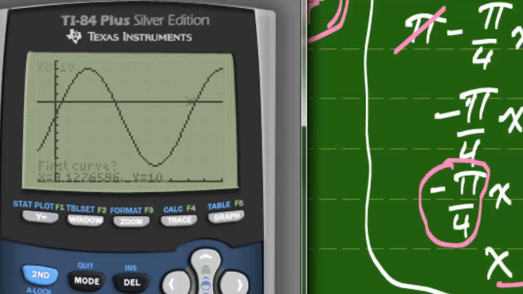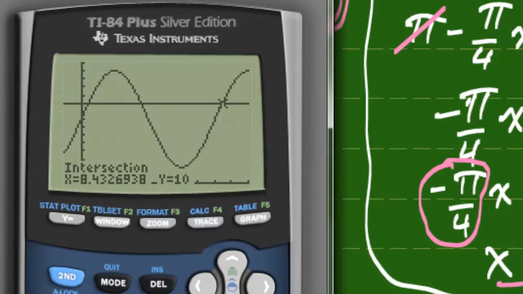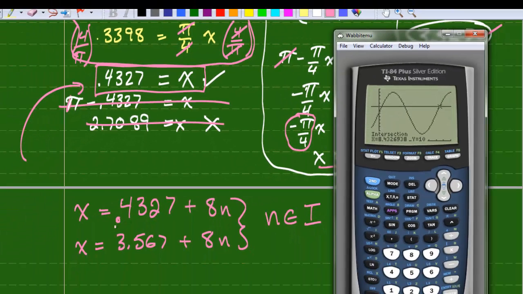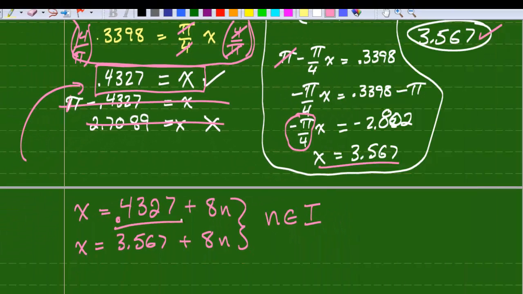And if I hit enter, enter, enter, 8.437. Okay, exactly 8 more than this. So that bears out. We checked with our graphing calculator, but we solved it algebraically.